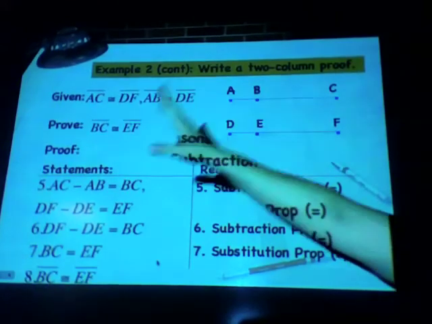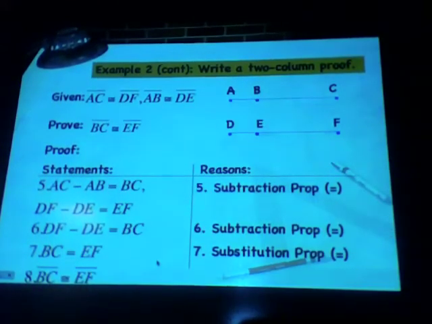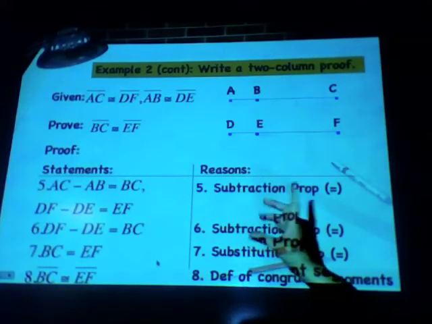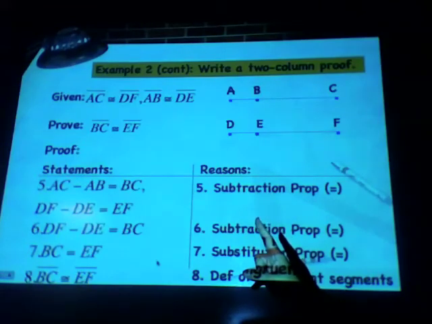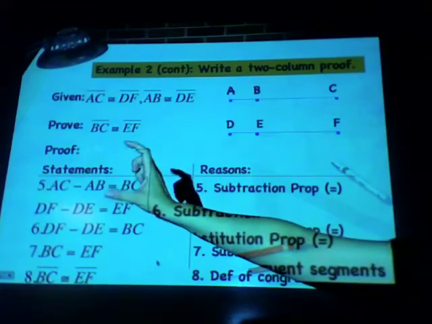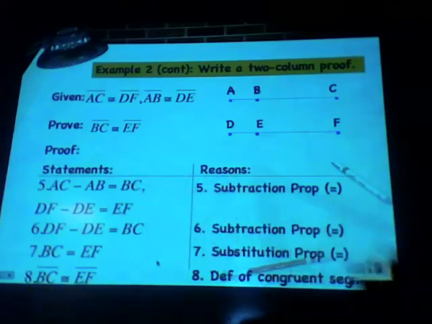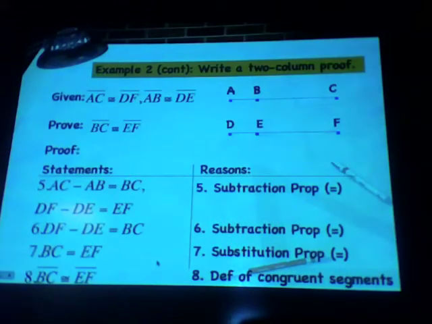And then finally we go from here to here, change in notation, what says that you can do that? Definition of congruent segments. So a lot of what I did was the same, right? A couple of things, like mostly right in here, 4, 5, and 6 were different. Am I right? Which one makes more sense? The one that we did first.